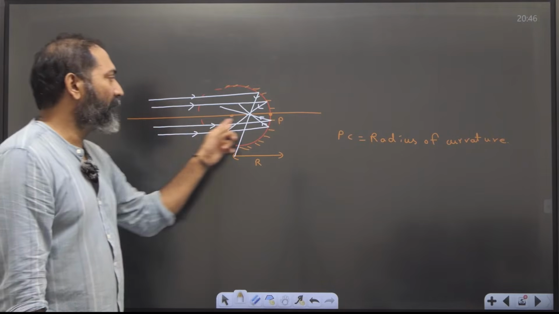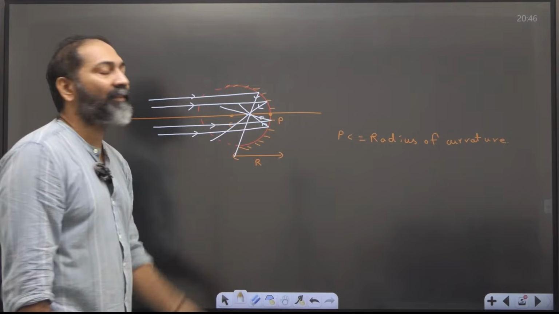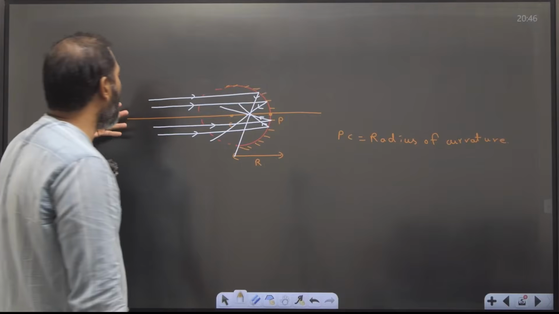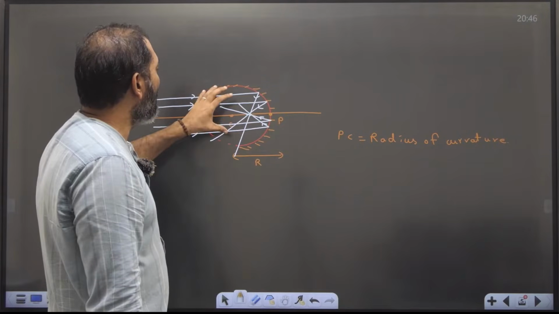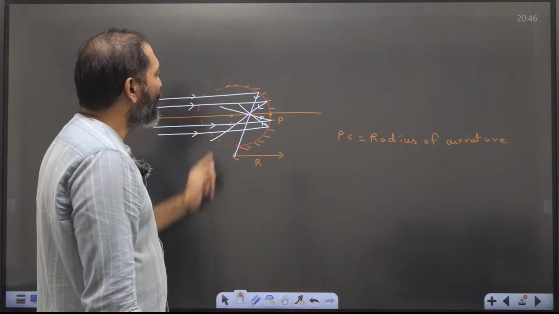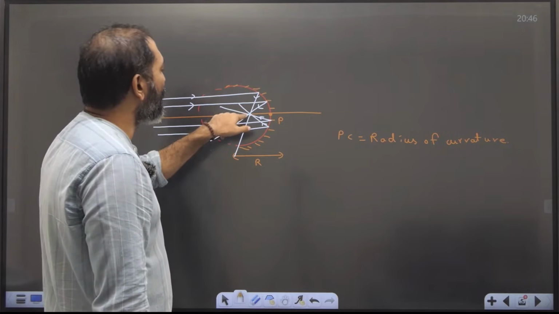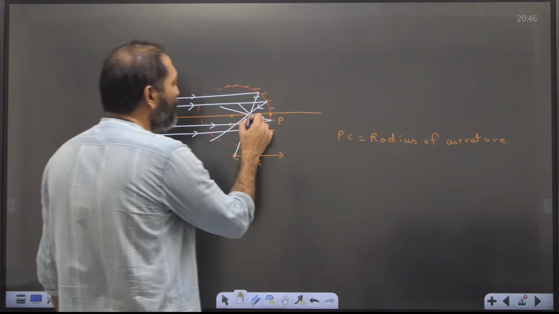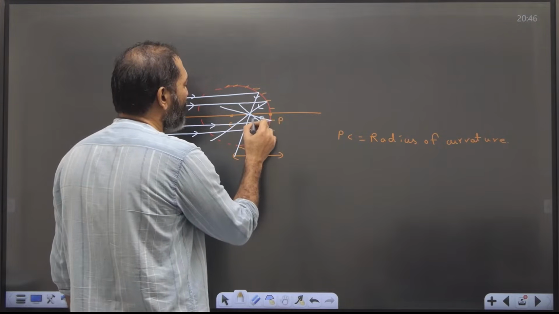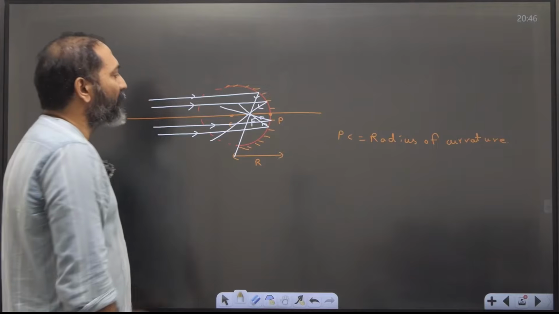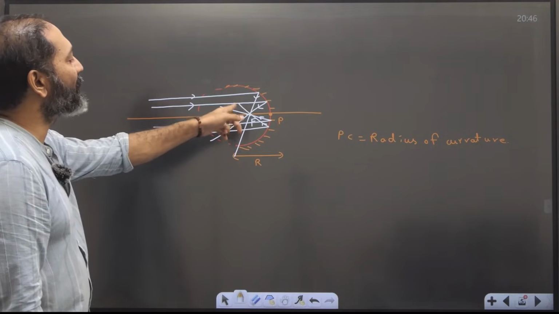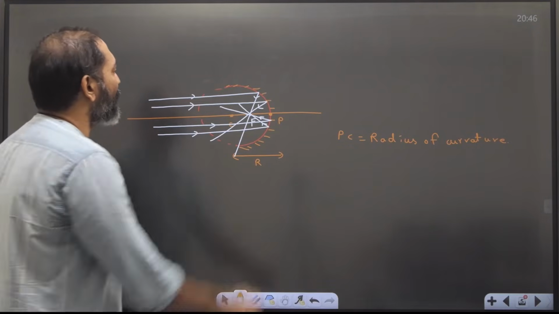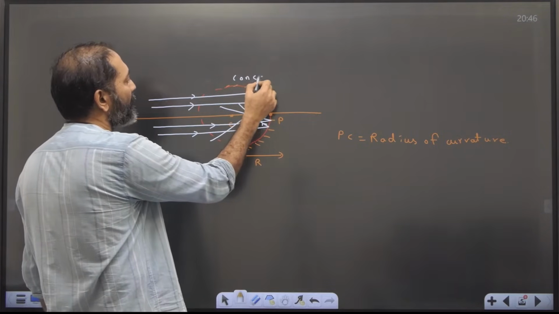A narrow parallel beam of light, parallel and close to the principal axis, after reflection from the mirror converges to a point on the principal axis, and this point is called the principal focus F in the case of a concave mirror. So what mirror is this? Concave mirror.